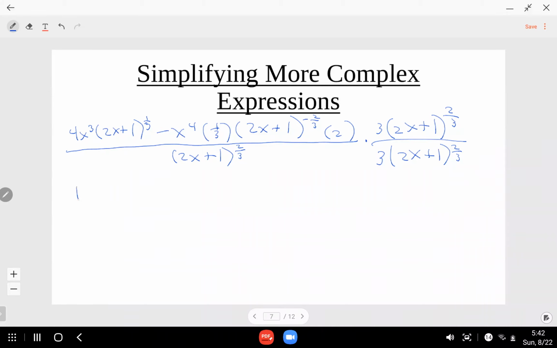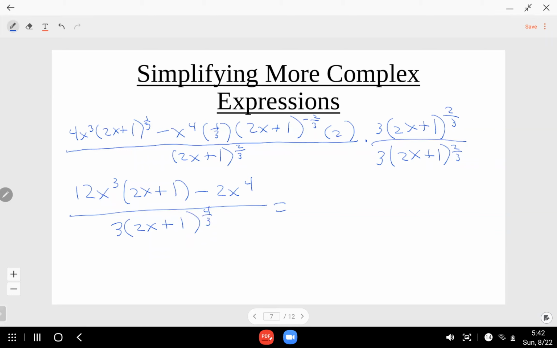So it's 12x to the third times 2x plus 1 minus x to the fourth, 2x to the fourth, and that's it. And then that's over 3, 2x plus 1 to the 4 over 3.